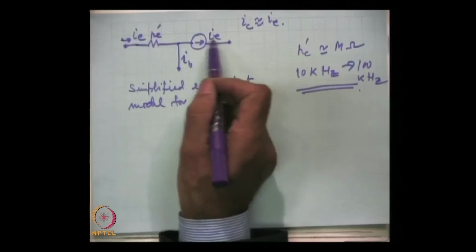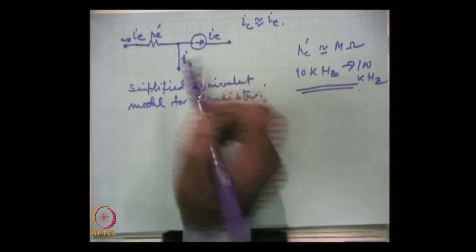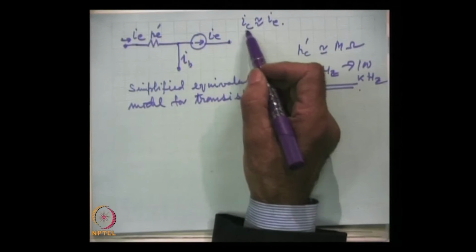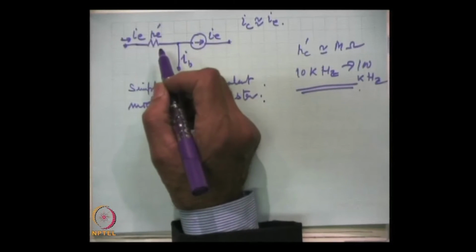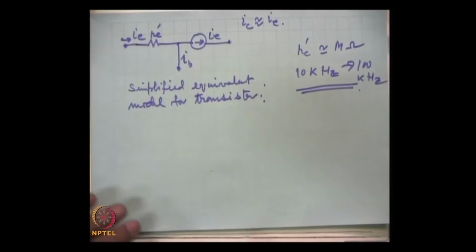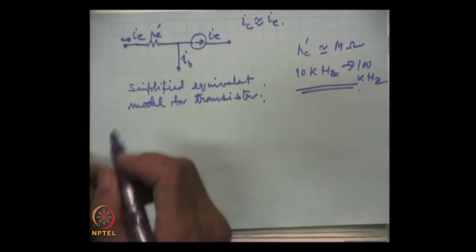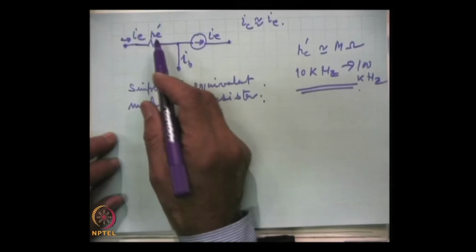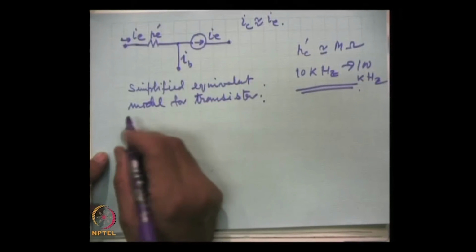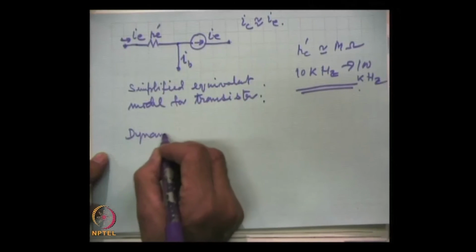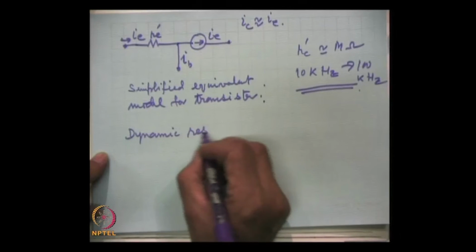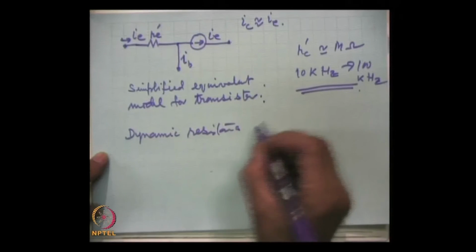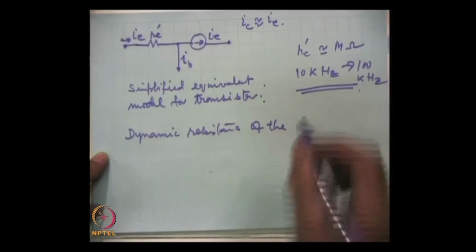Here these are the currents I C, I E and I B, and I C is equal to I E. How do we get the dynamic resistance of the emitter?